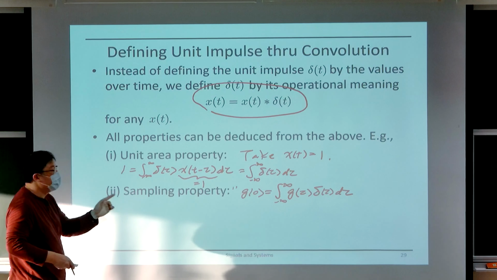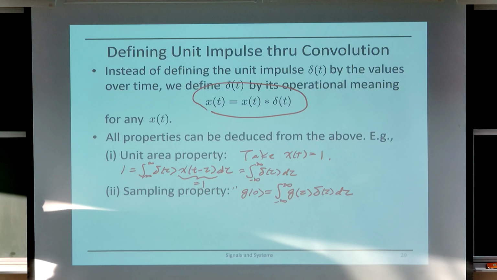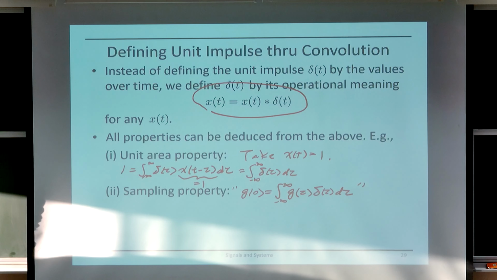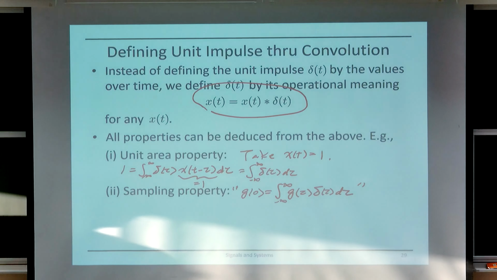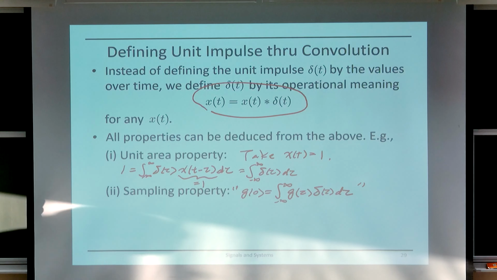So this is the sampling property of the unit impulse we showed before. You can show this also using the operational definition.